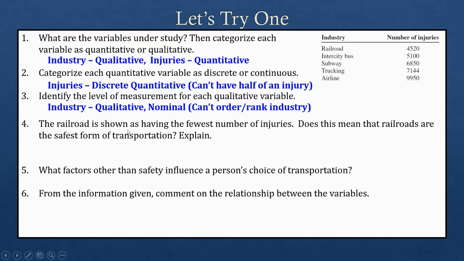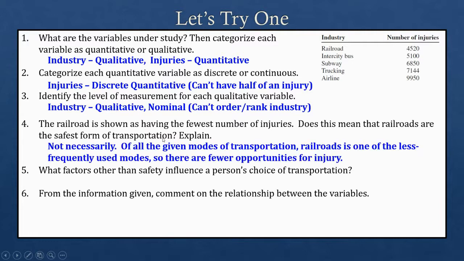Looking at it, it does look like railroad has the fewest number of injuries, but that does not naturally imply that railroads must be the safest form of transportation. That could be true, but we just don't have enough information to make that kind of conclusion. A lot of times in statistics, that's your answer: it's not necessarily going to be true.